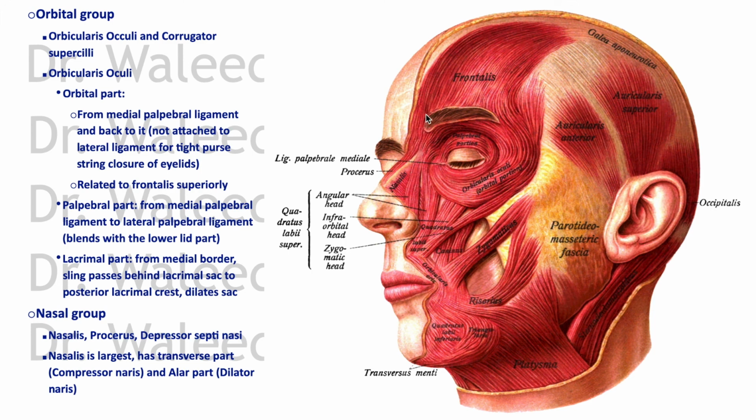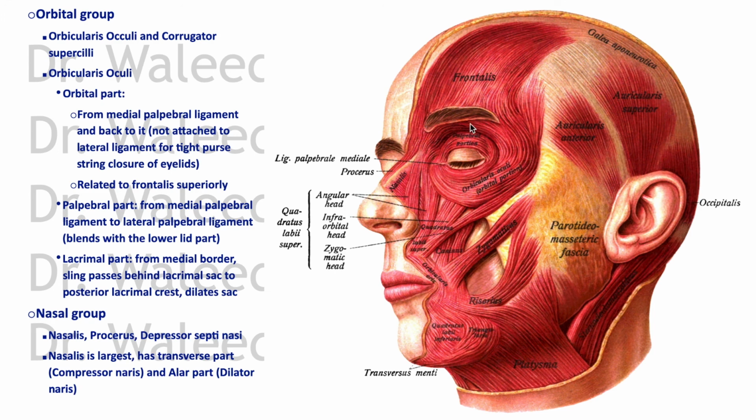The corrugator muscle is in the middle, but the important one is the orbicularis oculi muscle. It's classified in another classification according to shape as a muscle that has circular fibers. It's of the circular type.